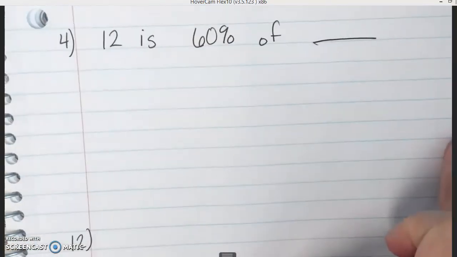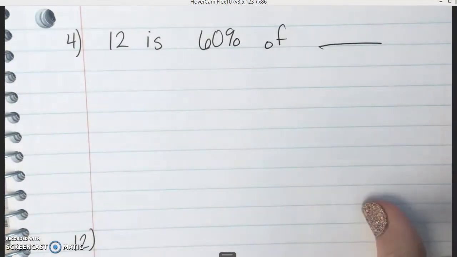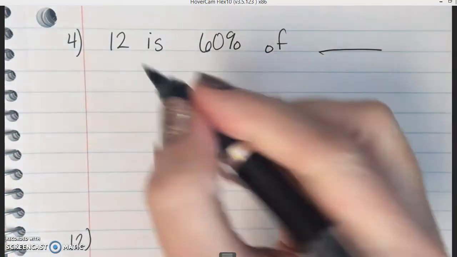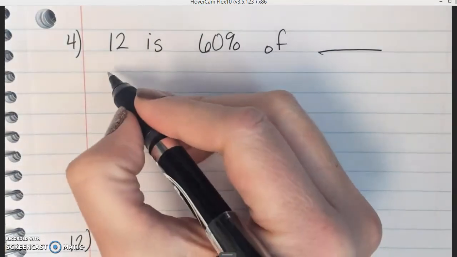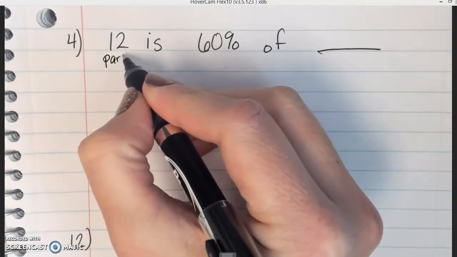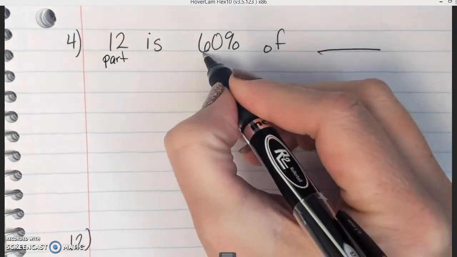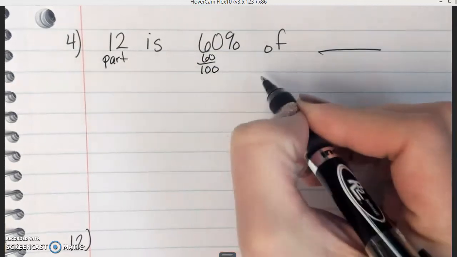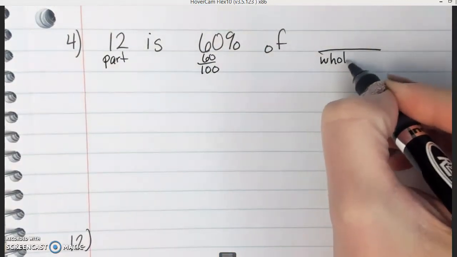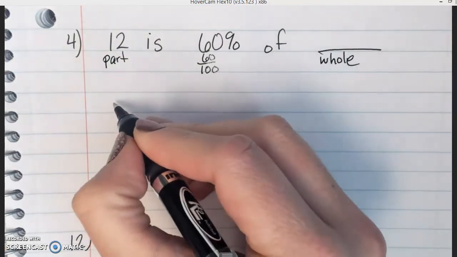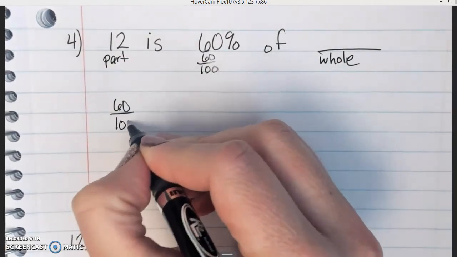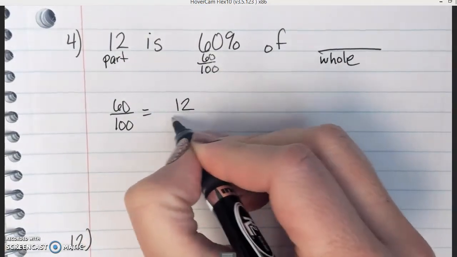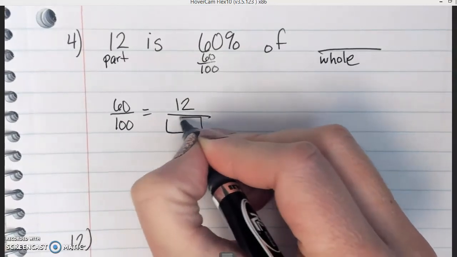Okay, number 4. We have 12 is 60% of the whole, or the unknown. So 12, again, that's my part. This is going to be 60 over 100, and this is my whole. So I'm going to write 60 over 100 is equal to 12 over the unknown.